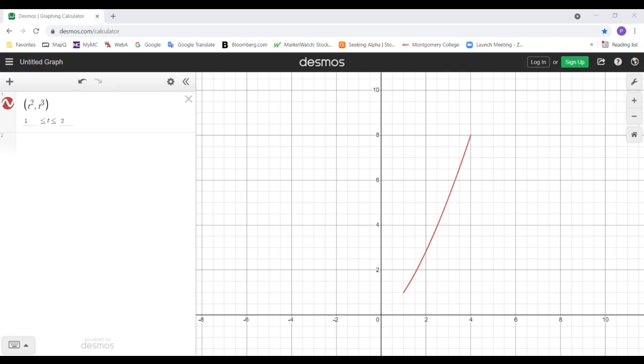Now, when we compute this length, we're going to get an exact length in simplified radical form. WebAssign is going to want that. Sometimes WebAssign will want you to approximate the length as a decimal, but this problem wants simplified radical form.